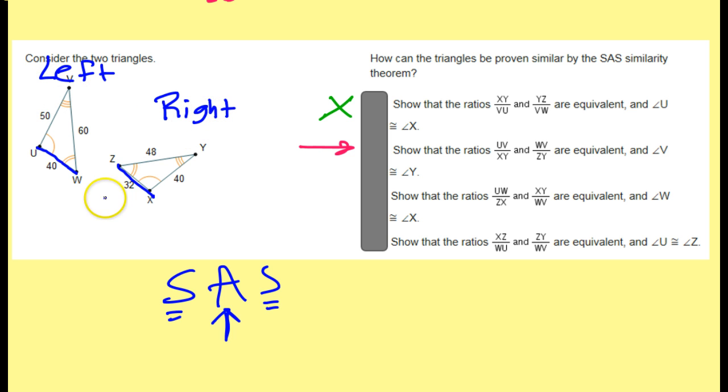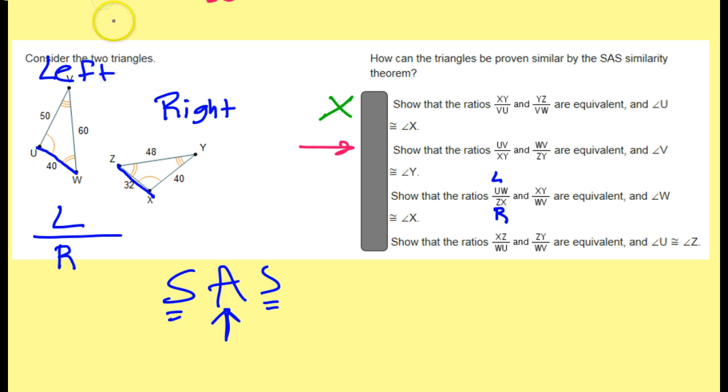So this first ratio, UW over ZX. UW is the left triangle, and then ZX, well, that's the right triangle. So this was left over right.